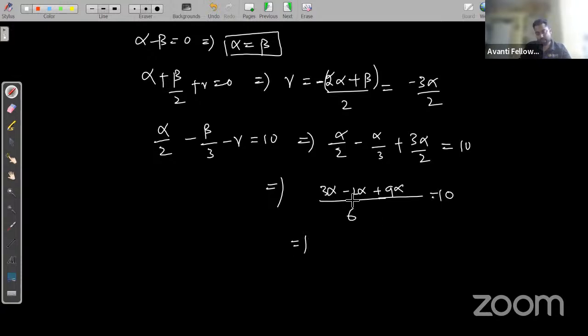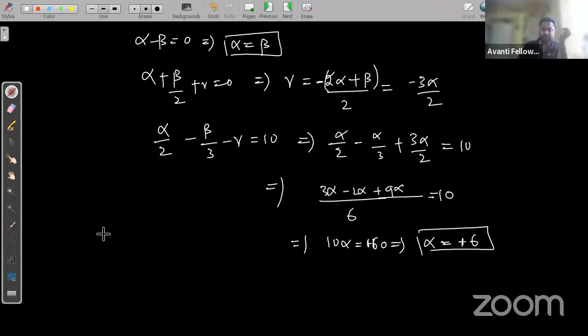So 3 alpha plus 2 alpha, 10 alpha is equal to 60. So alpha I am getting is 6.